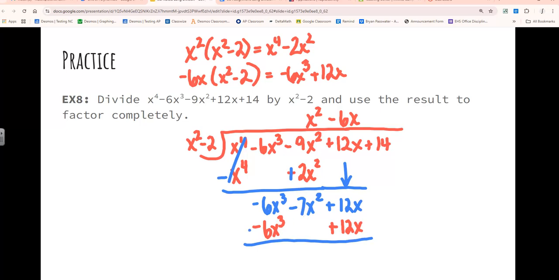Okay. We've got to subtract this, which makes this like it's adding and those cancel. It's going to make this one subtracting, which actually these cancel too. So now, this negative 7x squared just basically gets brought down, and we got to bring down our plus 14 here.